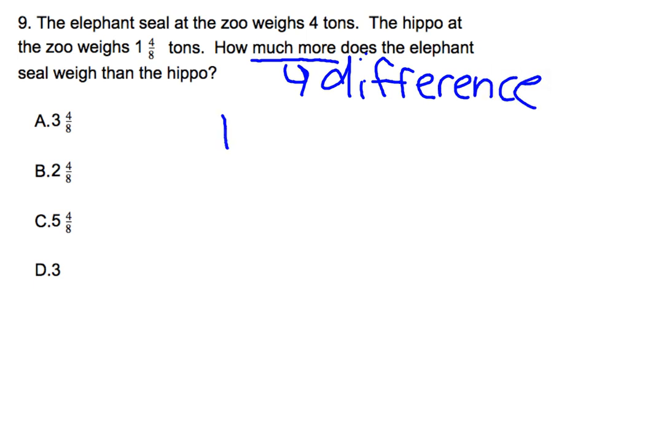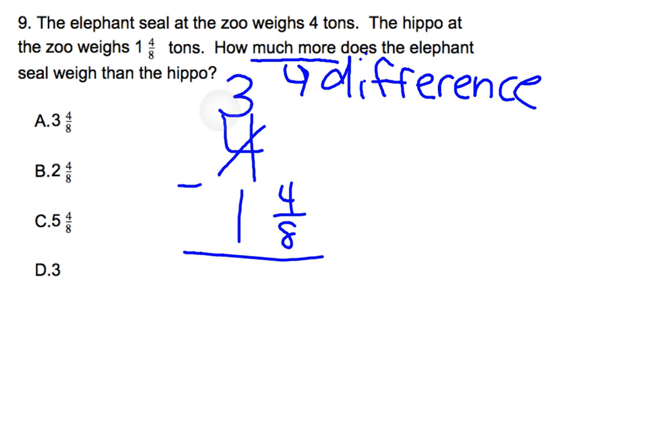So I'm going to take 4 tons, take away 1 4/8. Now in this case, in my fraction column, I don't have a fraction up here. So this means nothing take away 4/8, and I can't do that. So here we would need to regroup. So I'm going to cross the 4 out, take 1 whole away.